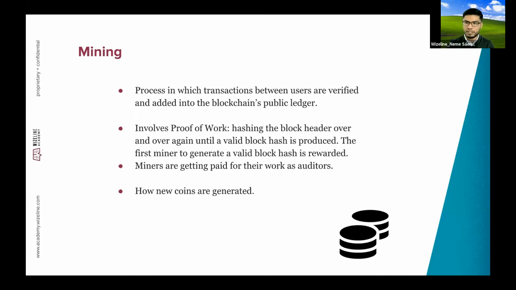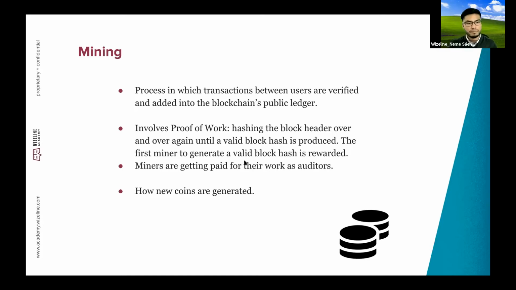Once the first miner gets this hash, it can be sent to the blockchain, and this node is rewarded. So miners are indeed getting paid for their work as auditors. And in this process, new coins are also generated. That's the reason we call this mining. We are creating some new coins every time we mine a new block.